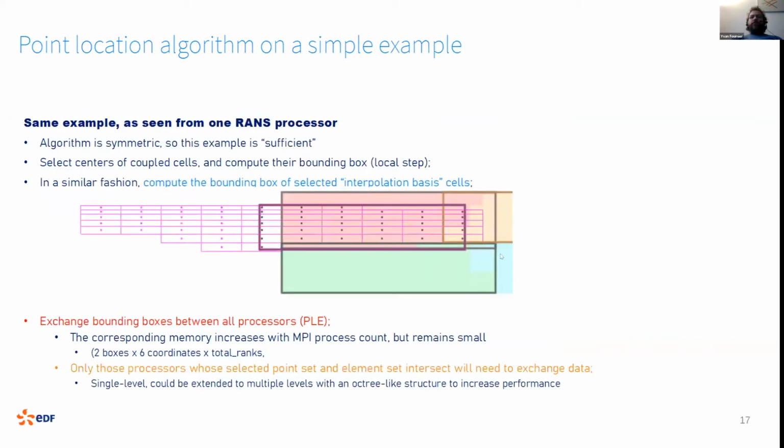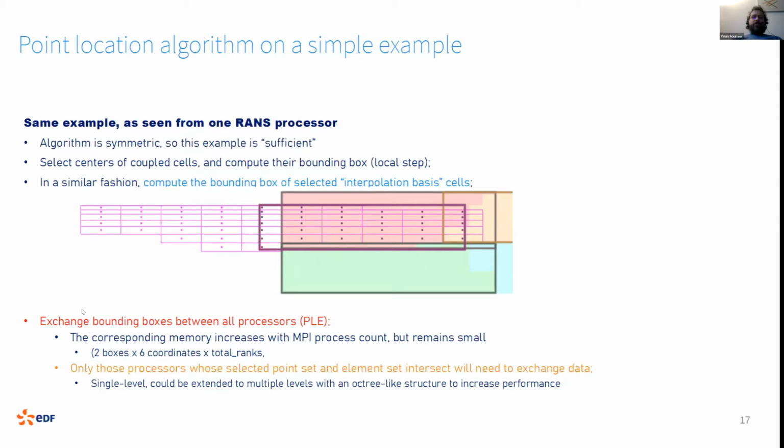And we have the same type of bounding box logic that was shown in the previous communication. So select the centers of the couple cells, compute their bounding box. In our case, it's select the points at which we're receiving data, compute a bounding box, and then we compute the bounding box of the donor cells at which we're locating those points, and exchange bounding boxes between all the processors.